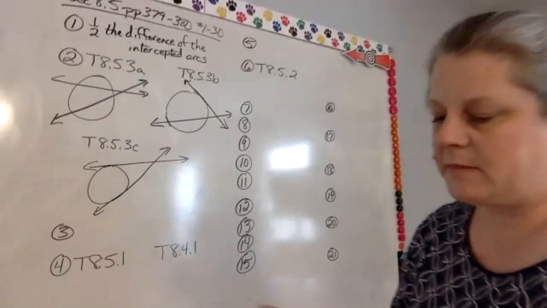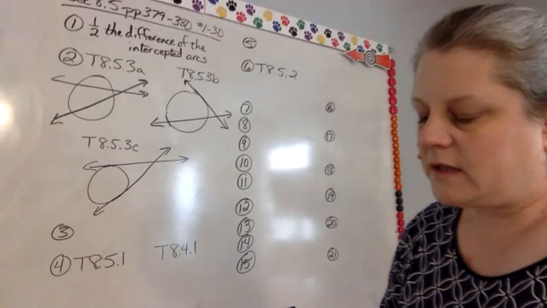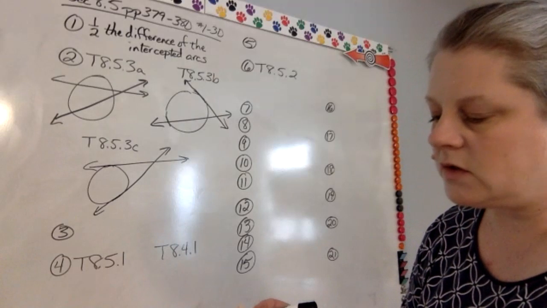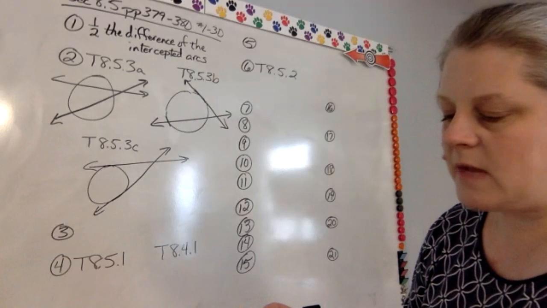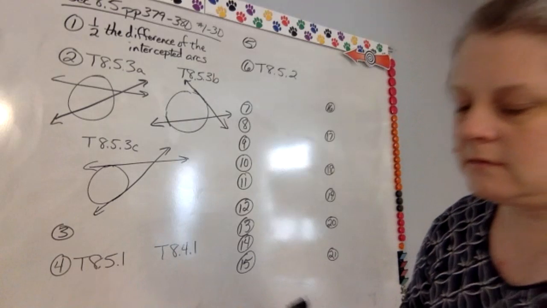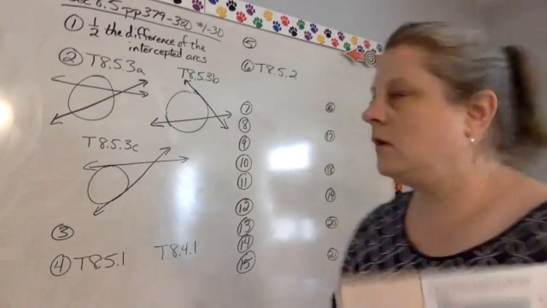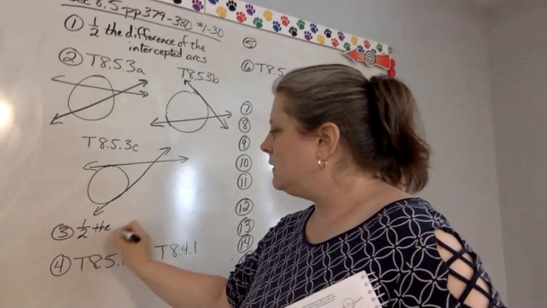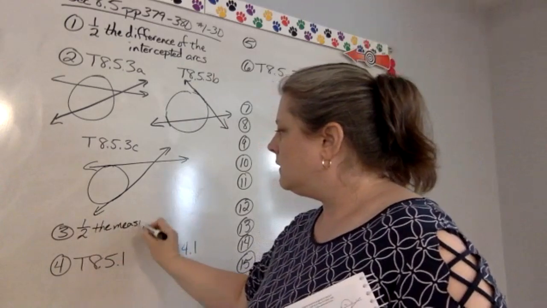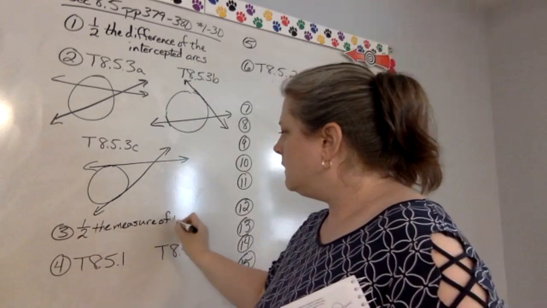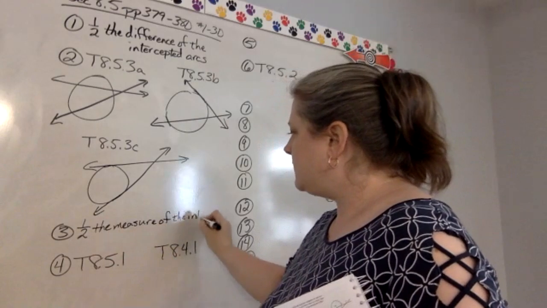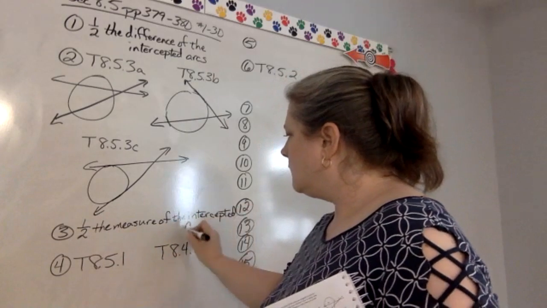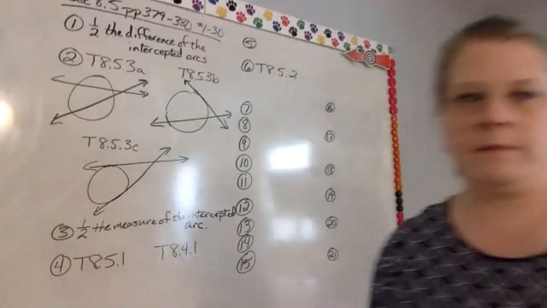Number 3 says complete the statement. If the vertex of an angle intercepting arcs of a circle is on the circle, the angle's measure is 1/2 the measure of the intercepted arc.